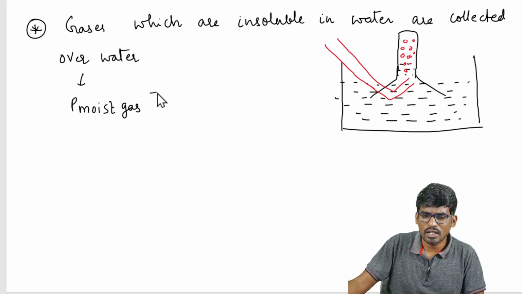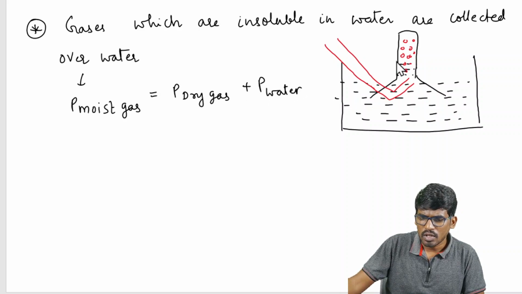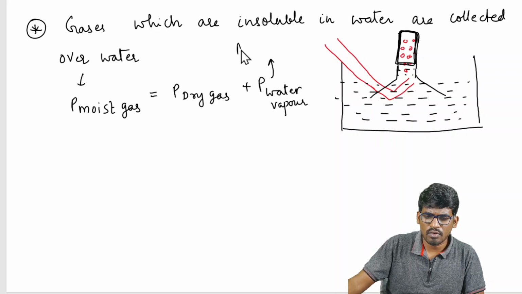Because it is collected over water, the pressure of moist gas is nothing but pressure of dry gas plus pressure of water vapor. Because this part is occupied by the water vapor along with the gas. So that pressure exerted by the water vapor is called aqueous tension.